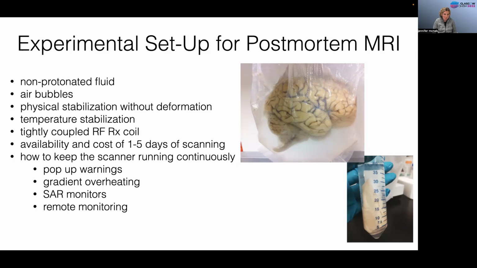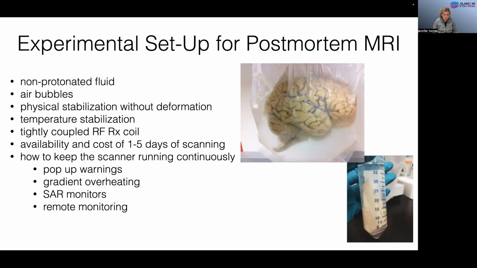Sometimes we put it in a vacuum overnight to do that, also because of the susceptibility difference with air pockets. And you want to pack it in a way so that it's physically stable in the scanner, but also not squished so much that it deforms the general shape of the brain. It's important to keep it temperature stable because this can impact our diffusion and our T1 and T2 measurements.